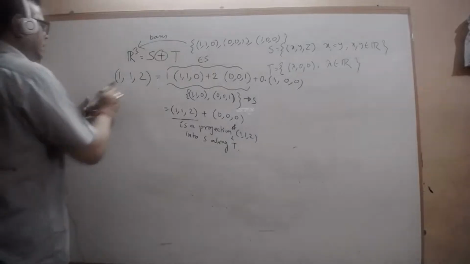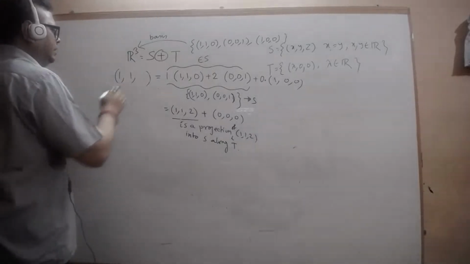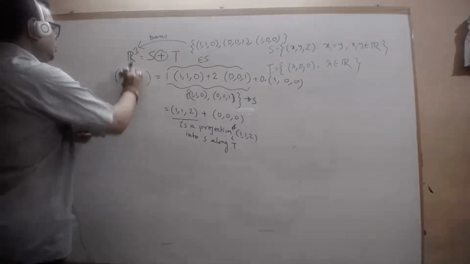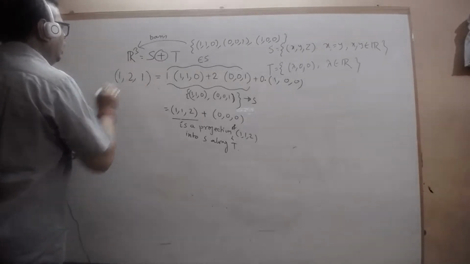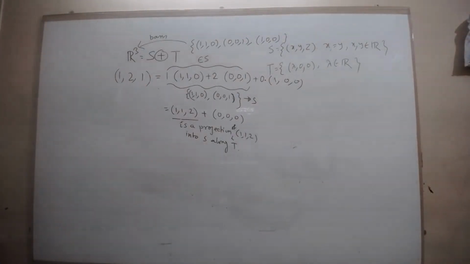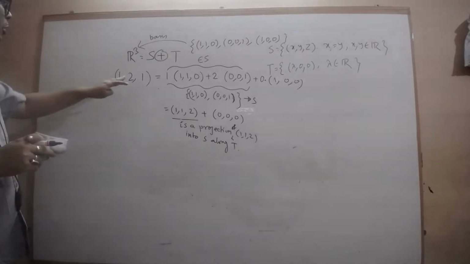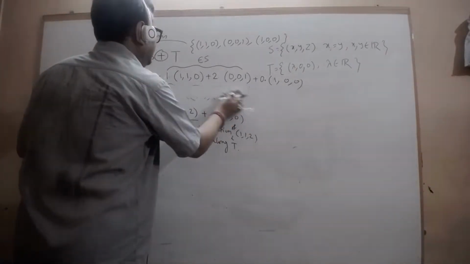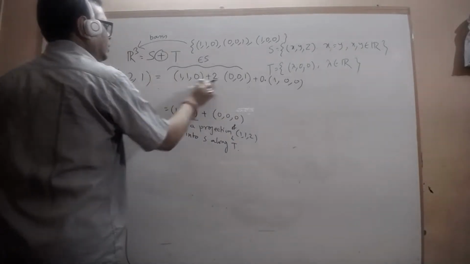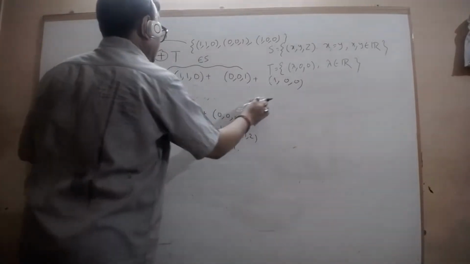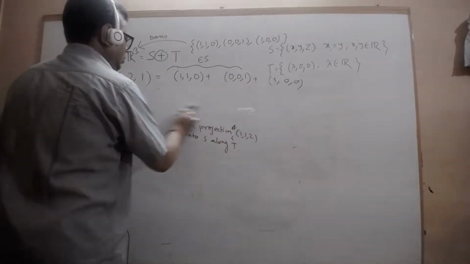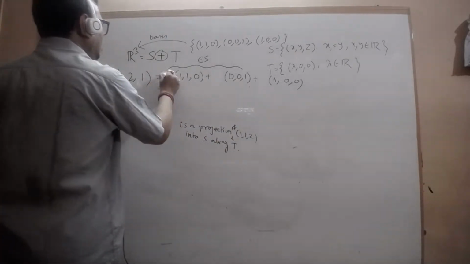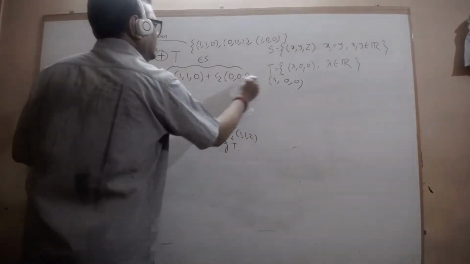Another example, if you consider another vector, say, for example, if you take 1, 2, 1, then again you write this vector as a linear combination of these three vectors.